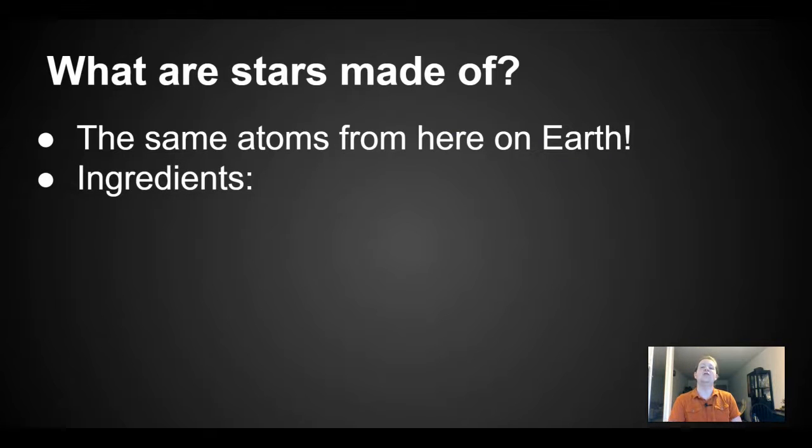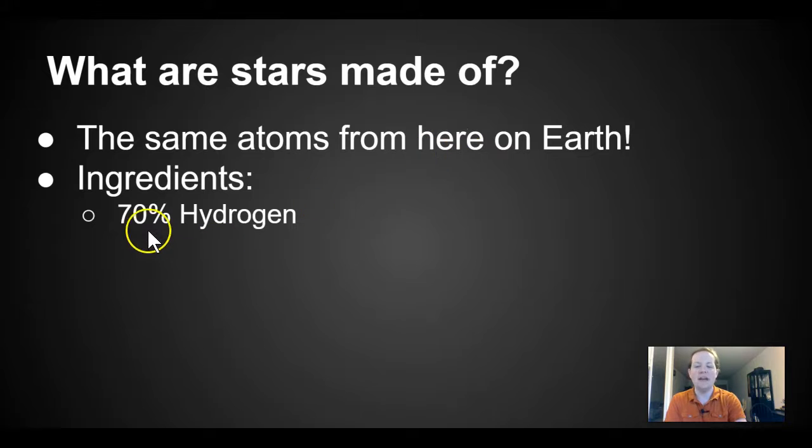Oh. Now, there are certain ingredients. Just like you have certain atoms like carbon and water, hydrogen and oxygen, stars have certain atoms. Here are the ingredients. Stars are made of 70% of an atom called hydrogen. Have you heard of hydrogen before? 27% of the atom helium.